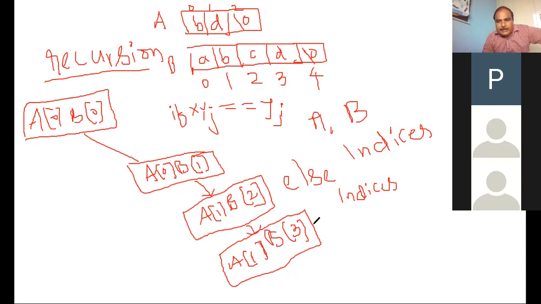D is compared here and D is matched. BD is the longest common sequence found between the A and B sequences.